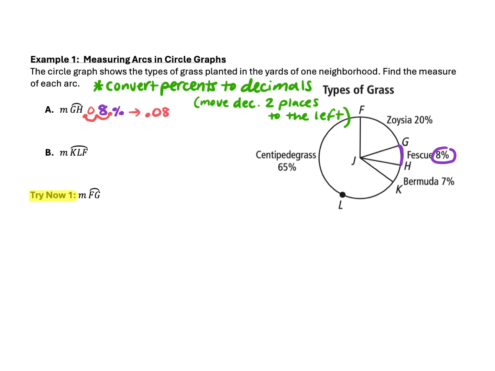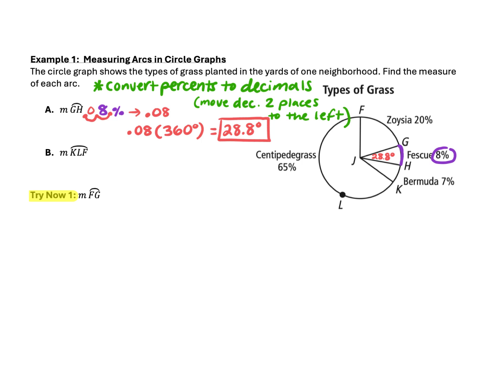Now the full circle is 360 degrees. We need 8% of that, so we're going to take 0.08 times 360 degrees. You can type that in your calculator, and it gives us 28.8 degrees. So the measure of arc GH is 28.8 degrees. That's also the measure of the central angle, angle GJH.